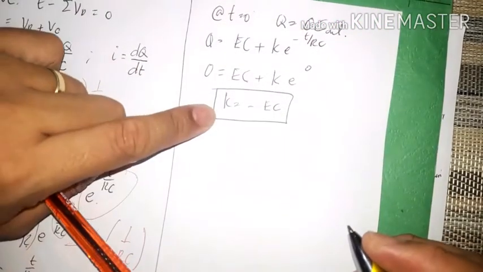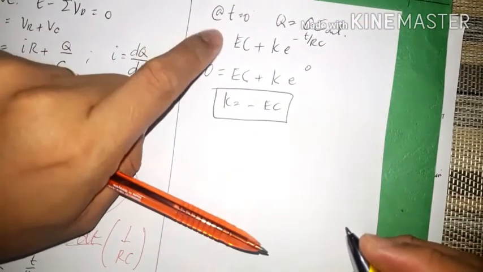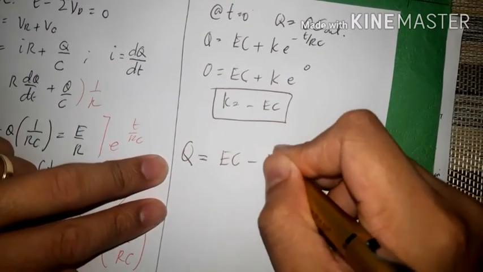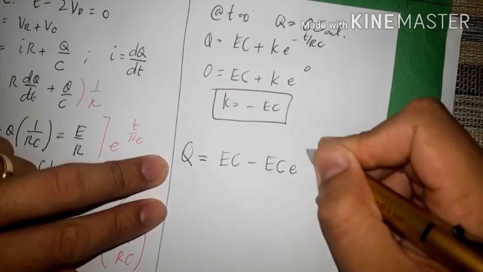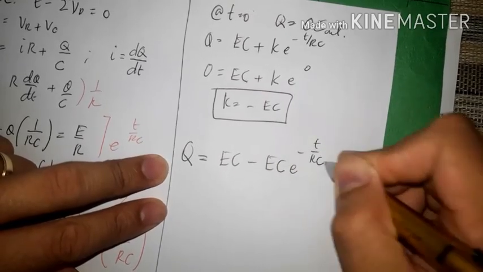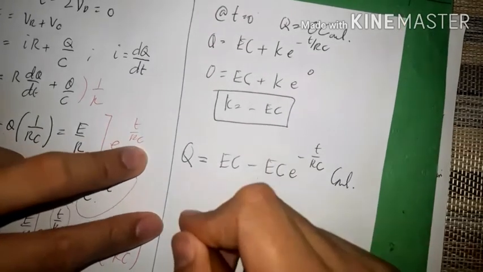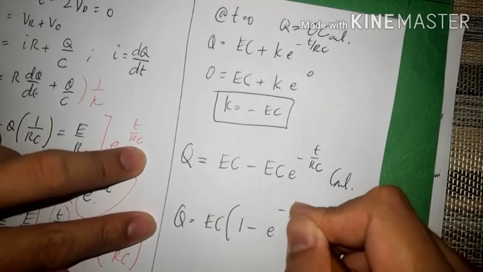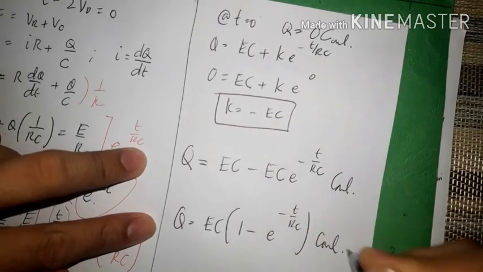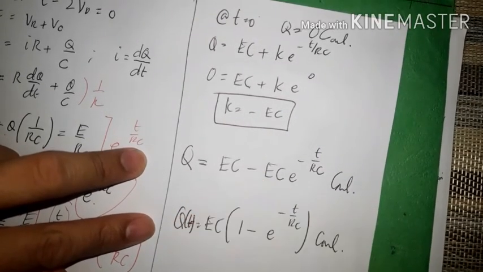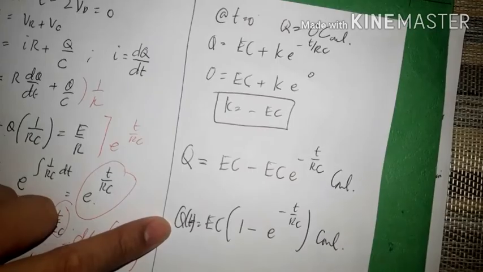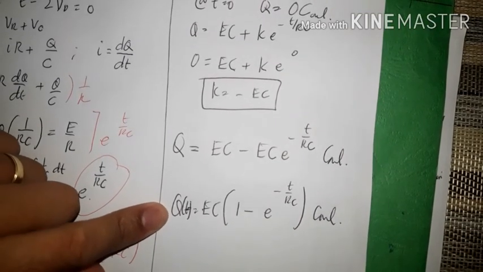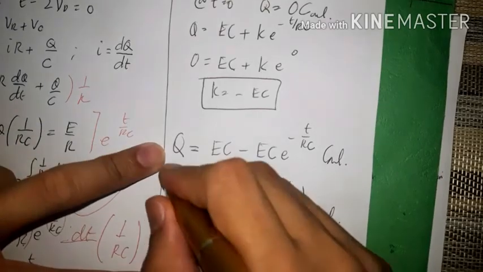So since K is negative EC, substituting to our general solution, q is EC minus EC e to the negative t over RC coulomb, or q is EC times the quantity 1 minus e to the negative t over RC coulomb. So this represents the expression for the charge in the given capacitor.